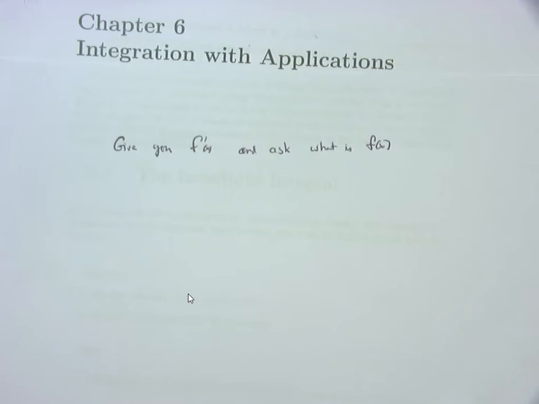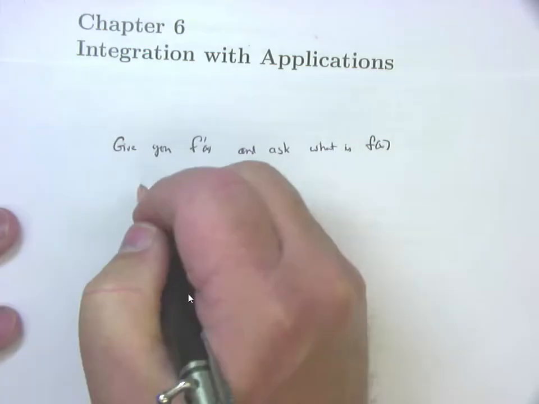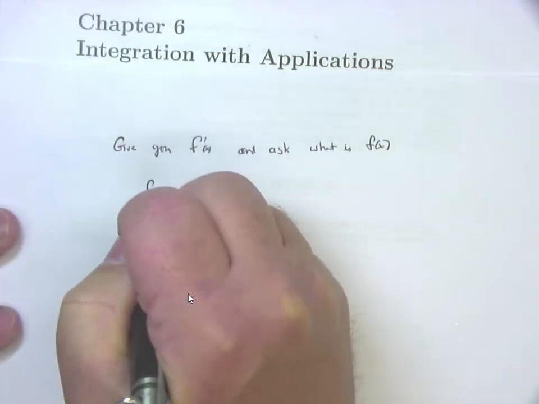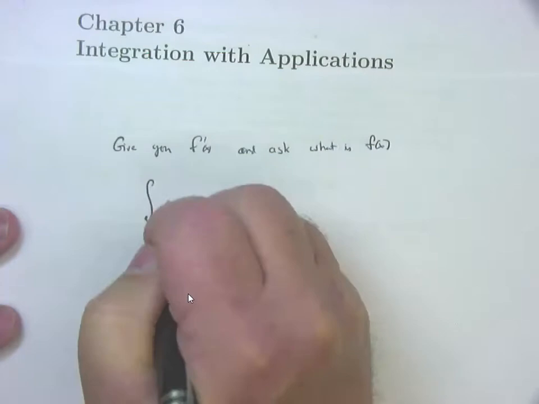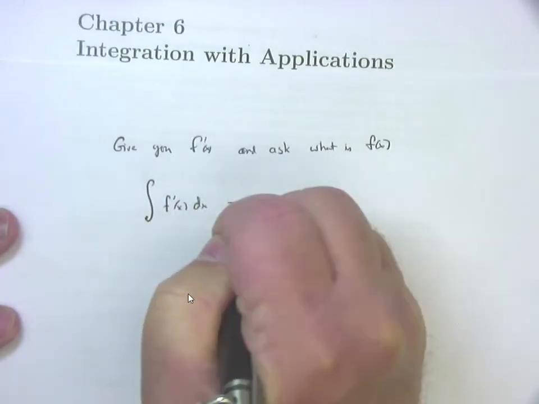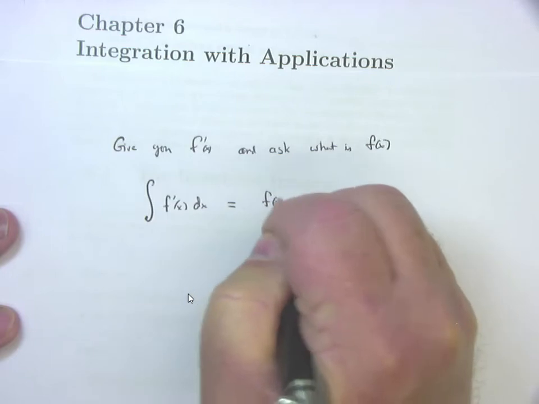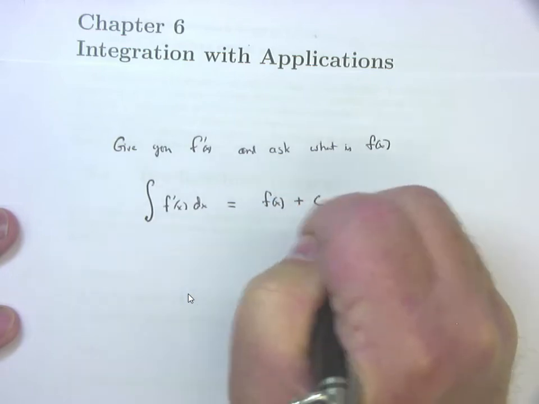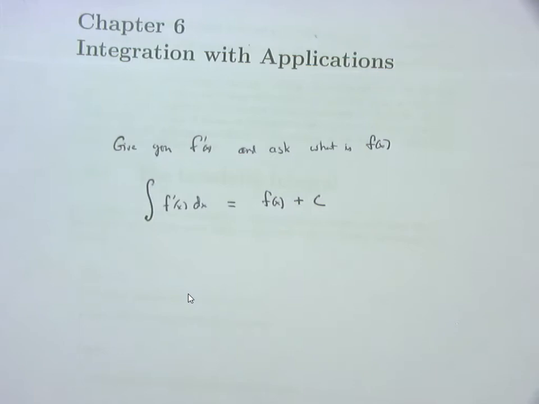A symbol for this, what we call integration, is an elongated S. So when I integrate the derivative function, dx, that's equal to the original function plus an arbitrary constant, plus c. And c, because we're going in reverse.